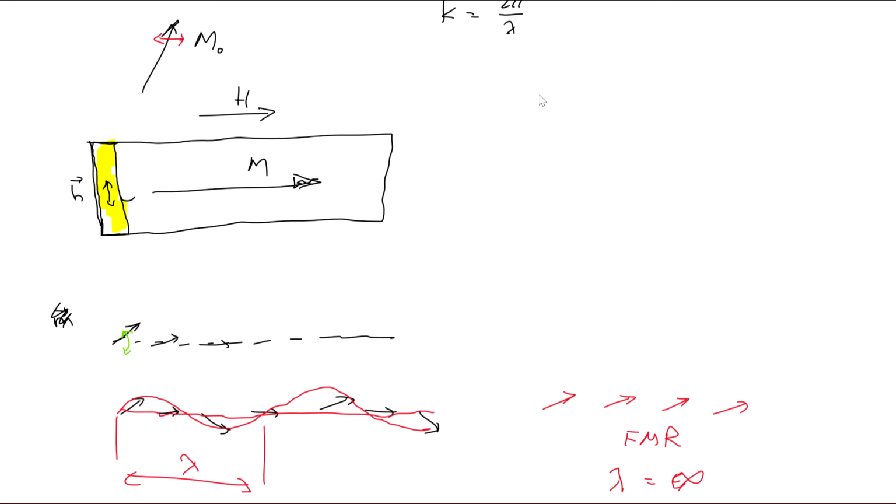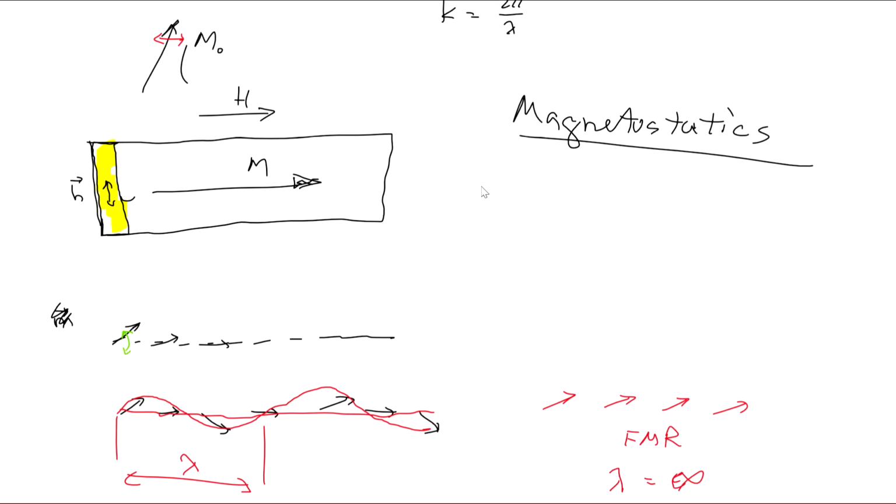As you remember, we are in magnetostatics. Magnetostatics is the fact that we say that our magnetization is pointing in this direction and we look only at small oscillations.